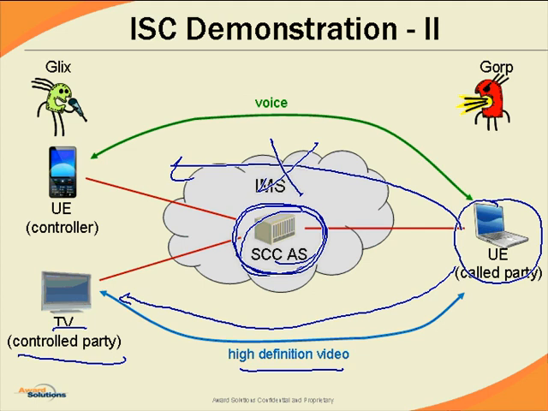So that is the idea. So at the same time, we are using multiple devices. So if you look here, UE, we are using voice, and the high definition TV, we are watching a video. So multiple access for multiple types of media. That is the idea.